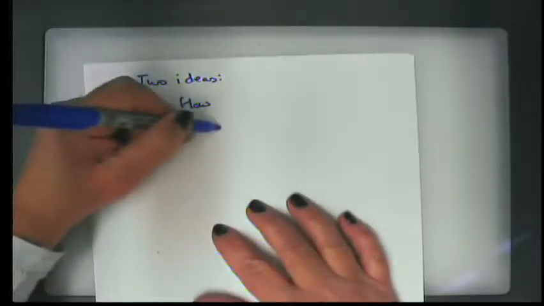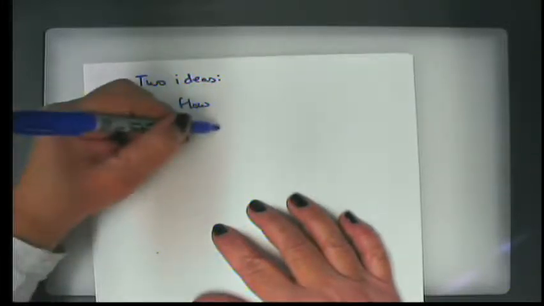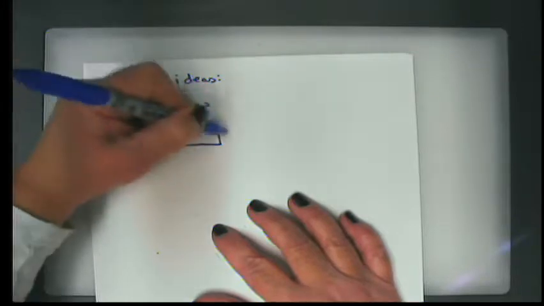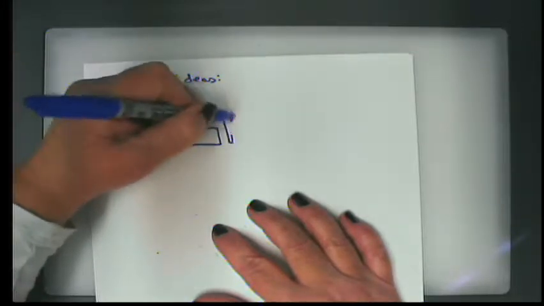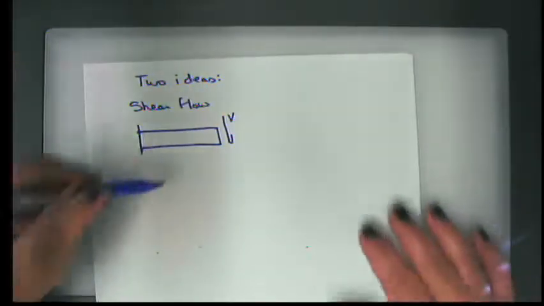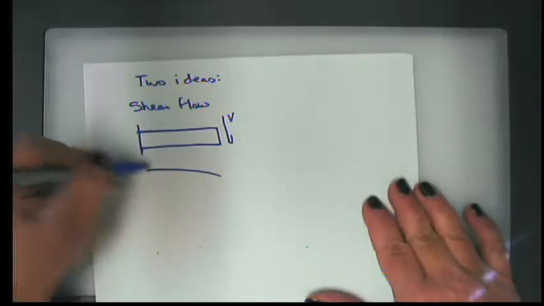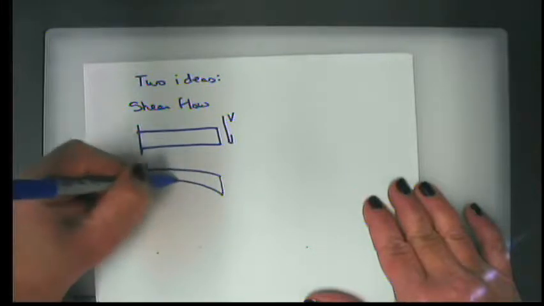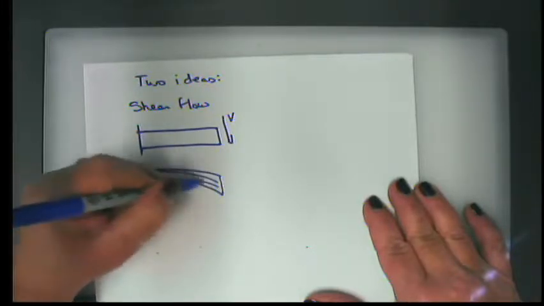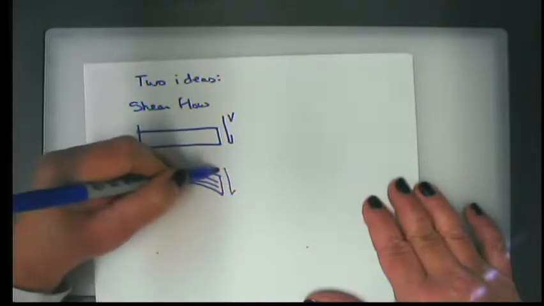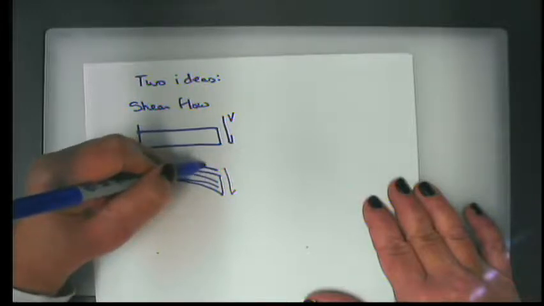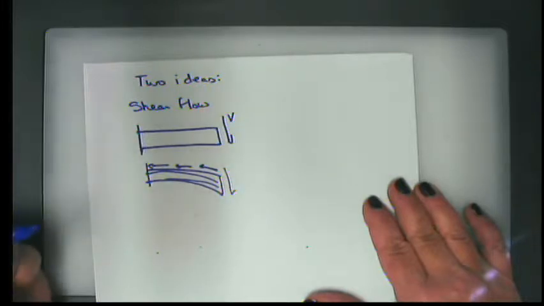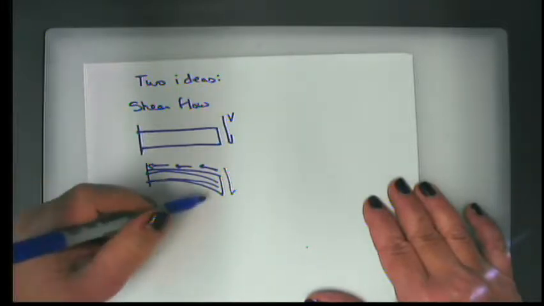And what this basically means is that if you have a beam like this and you subject it to some vertical load, the beam is going to bend in this type of a configuration, more or less, and the shear is going to flow across the axis of the beam, or move.